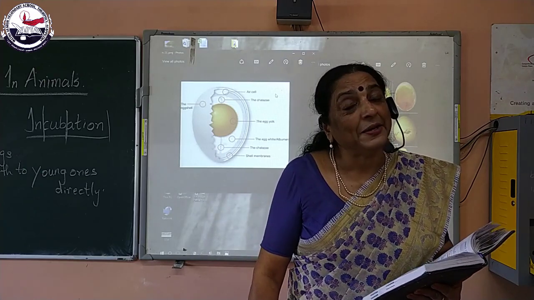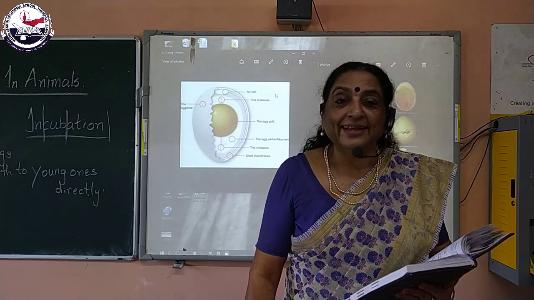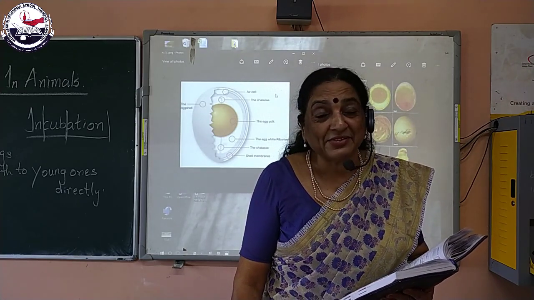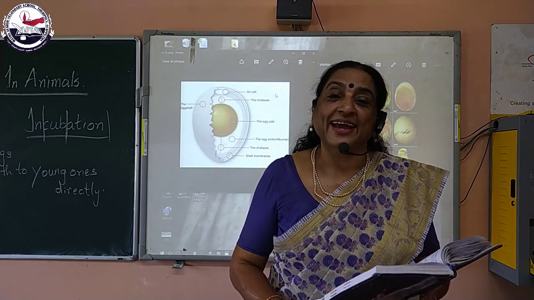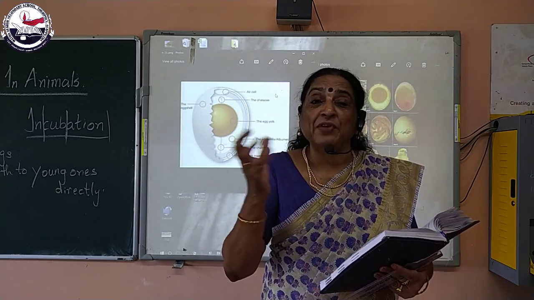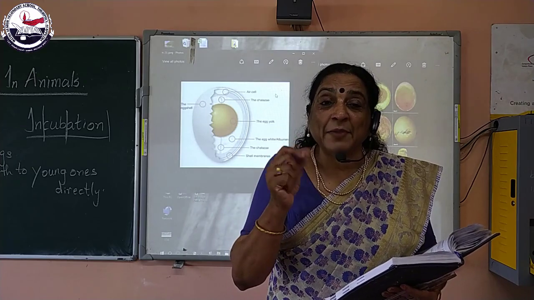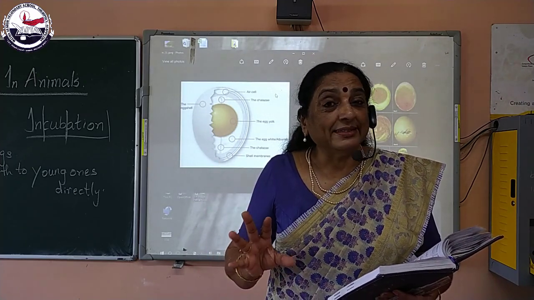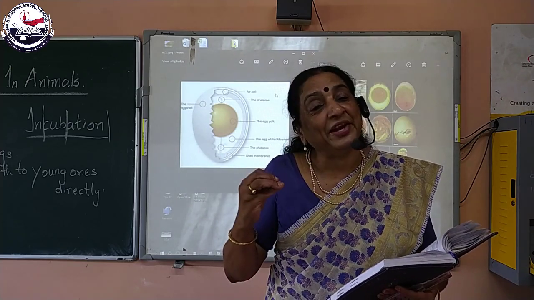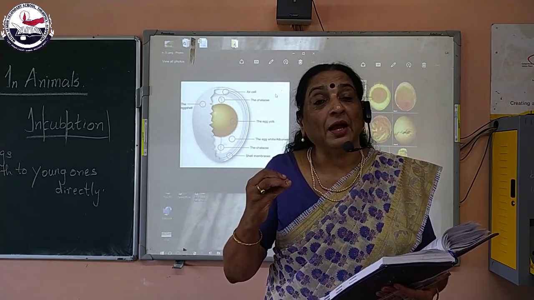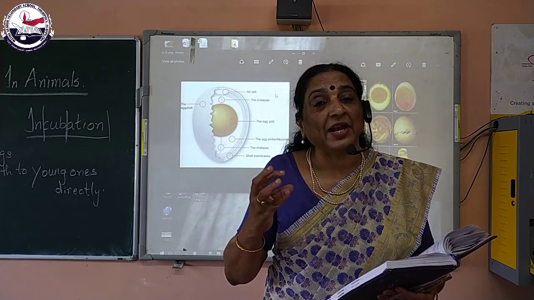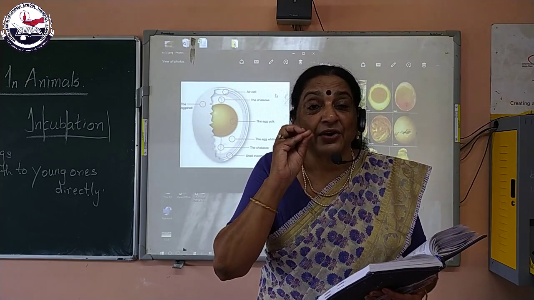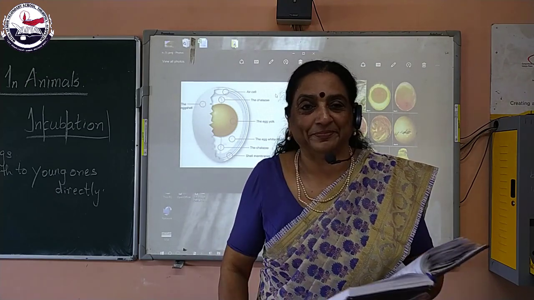Why is it hard? Because the eggshell is made of calcium. That's why it is very hard. And if we collect the eggshells together and make it a powder and put it in the plant pots, the plants will grow properly, very nicely, and that plant will have more flowers, because the eggshells are rich sources of calcium.